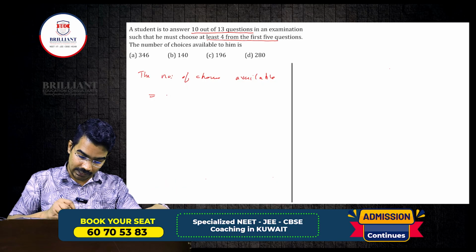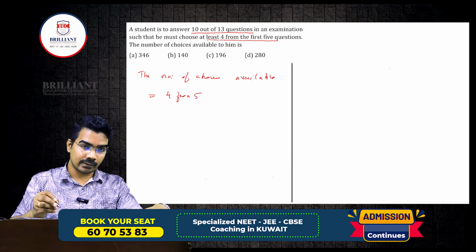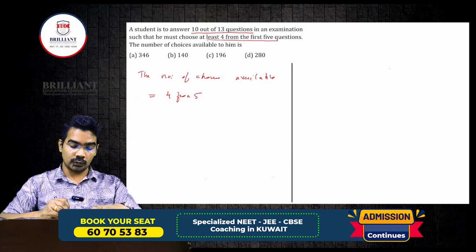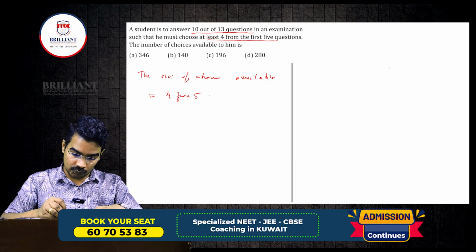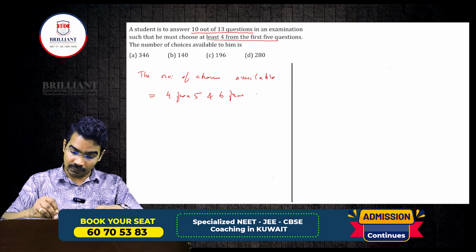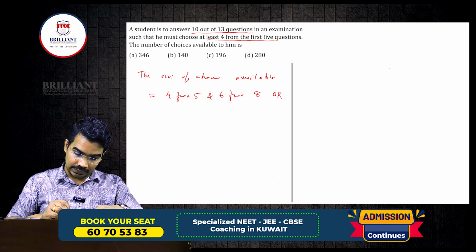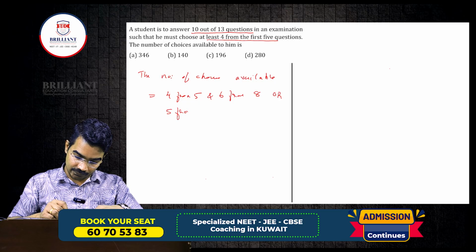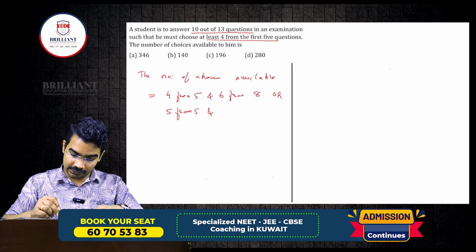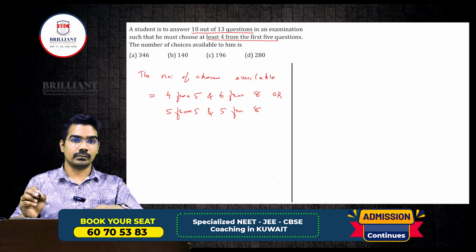So he can choose to answer 4 from 5, and then if he chooses to write 4 from 5, he has to answer the remaining 6 from 8, right? Or he can choose to answer total 5 from 5, and then he should answer remaining 5 from 8, right?